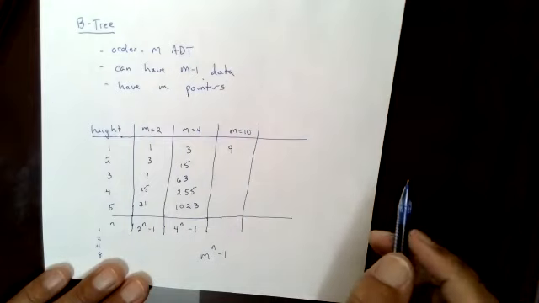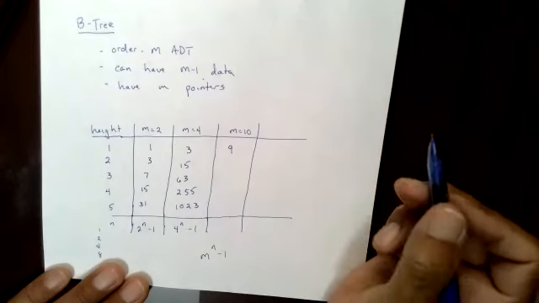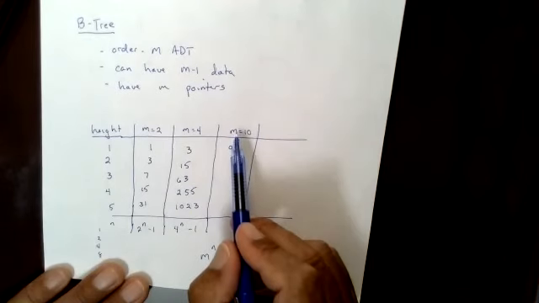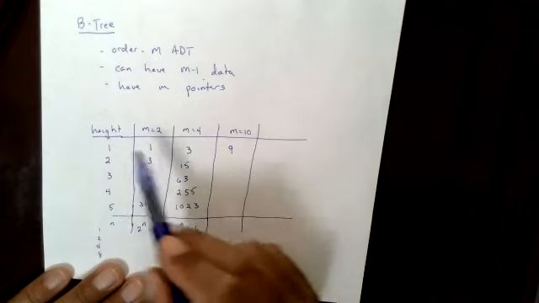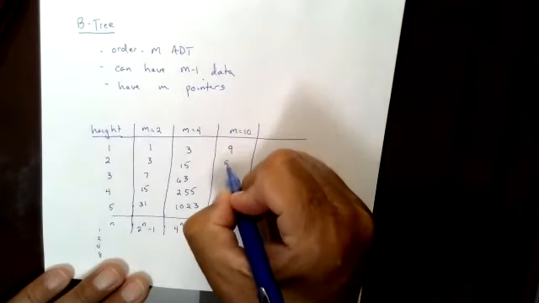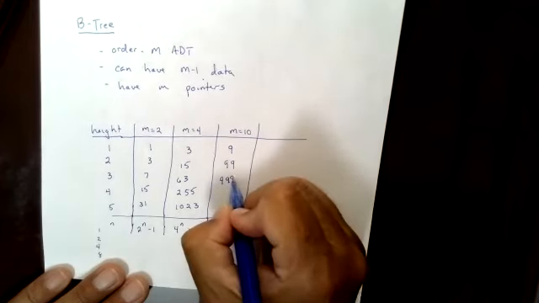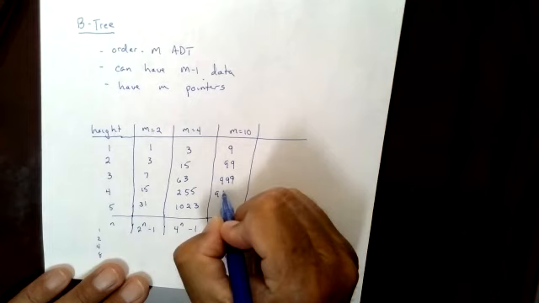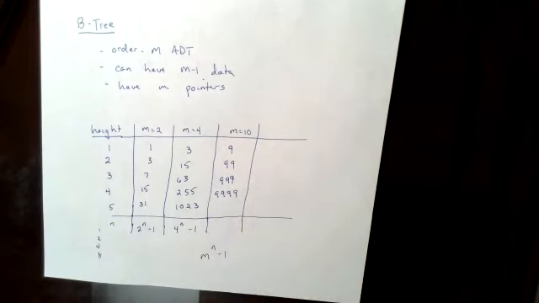My second level is m to the n power minus 1. 10 squared minus 1. 10 cubed minus 1. Ooh. 10 to the 4th power minus 1. 9,999 values within a height of 4.